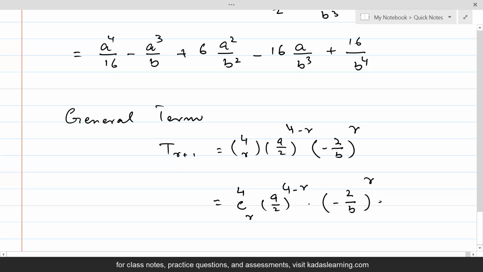This is what is called the general term, and we can find any term just by putting the value of r.